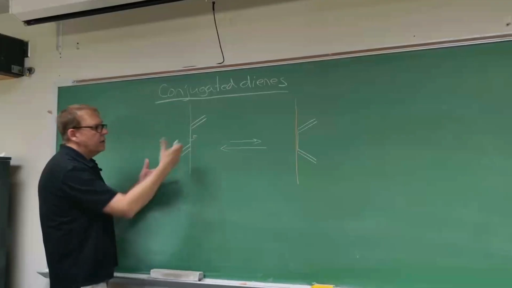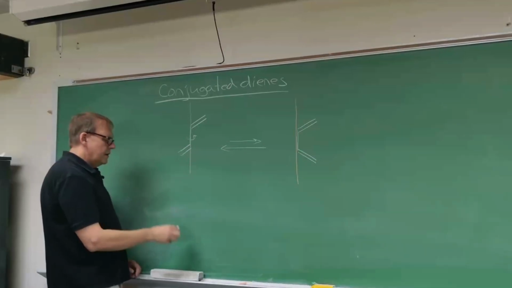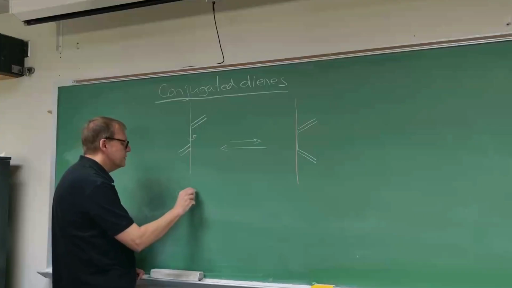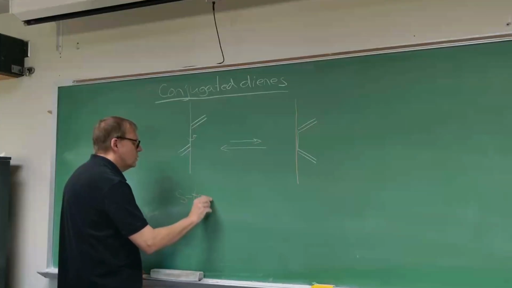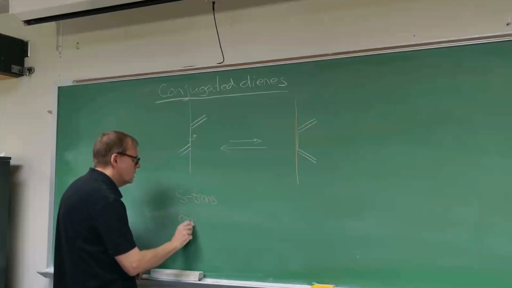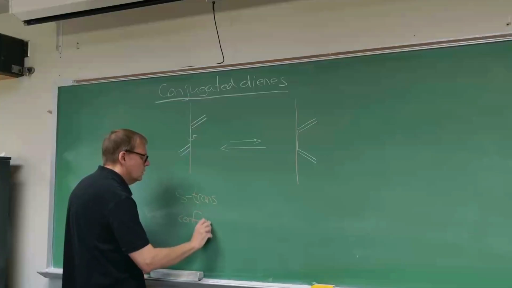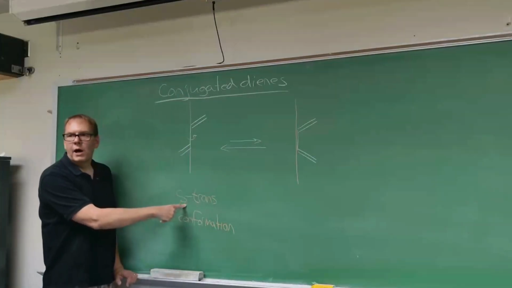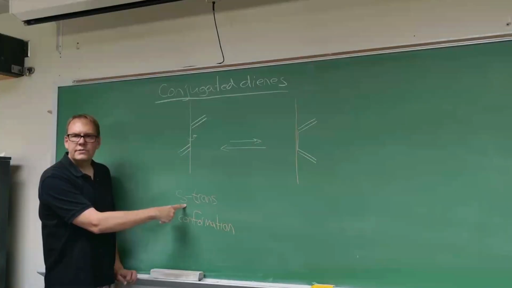And if the alkenes are on opposite sides, this is a conformation called s-trans. The S is for single bond. So what it's talking about is not cis and trans in the traditional sense with respect to the stereochemistry about an alkene, a carbon-carbon double bond.